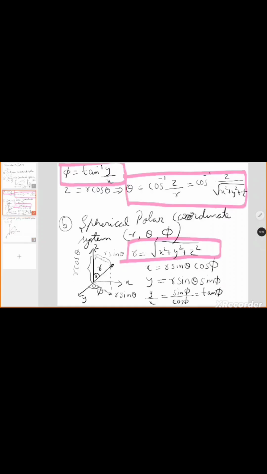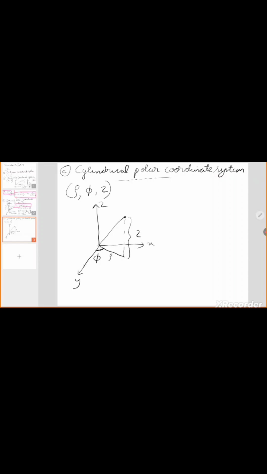Now we can derive the relation between the Cartesian coordinate system and the cylindrical polar coordinate system. Sorry, here I made a mistake. Actually, this is the x-axis and this is the y-axis. Similarly, here also this is the x-axis and this is the y-axis.